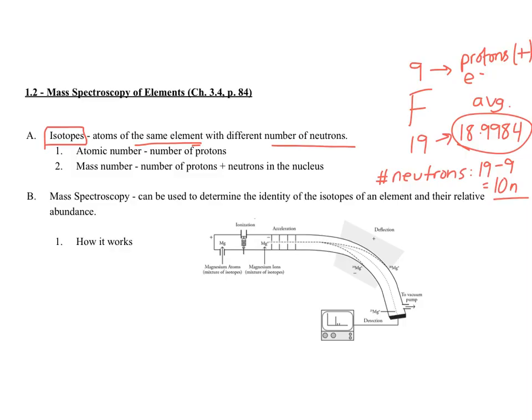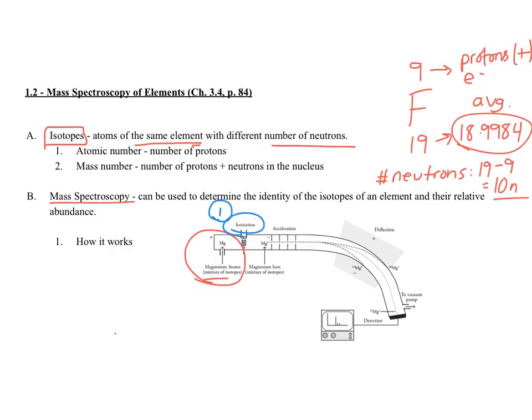So here's what happens with mass spectroscopy. They take a sample of all of the isotopes. Here we're starting with magnesium atoms, and it's a mixture of all the isotopes that are in there. It takes that sample and it ionizes it. So step number 1 is to take those magnesium atoms and turn them into ions.